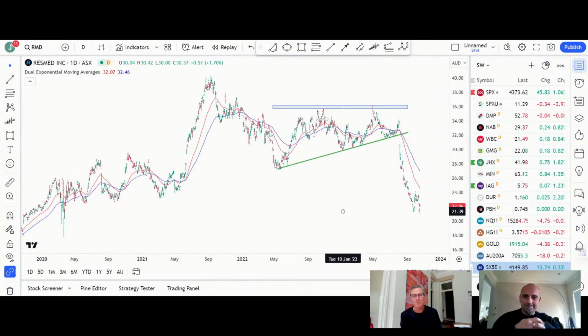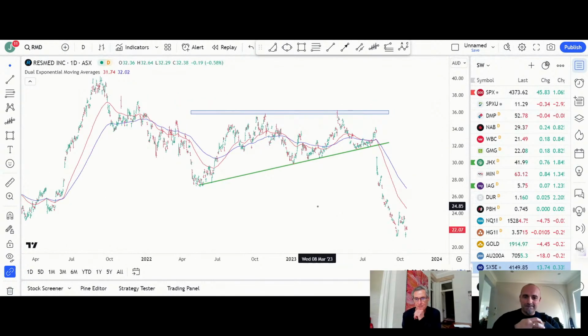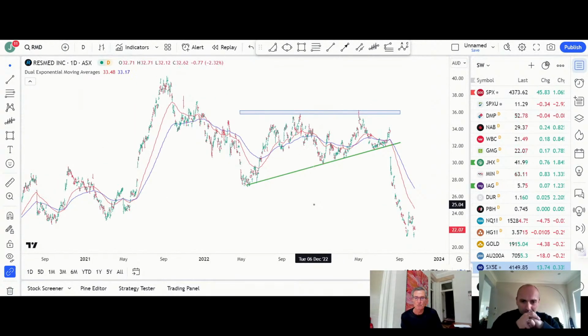Well, look, it's interesting, all the things that we've spoken about. From a temperature perspective, taking ResMed's temperature, would we say this is a hot market, a warm, a cooling, or a cold market? Given the position of the moving averages and where the price is, I'd say this market is cold.